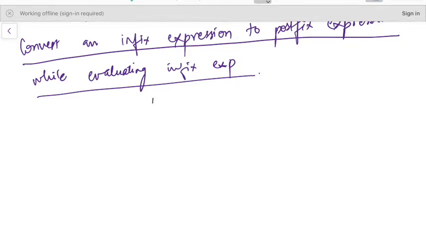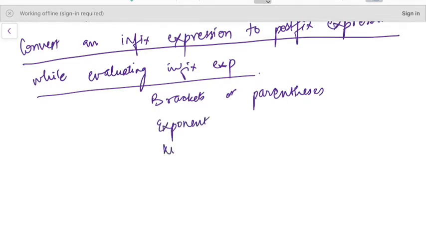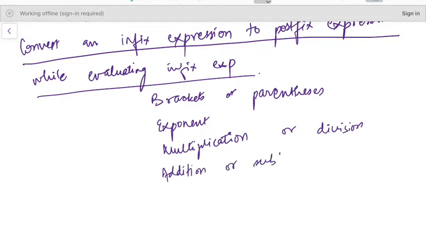So evaluation order is brackets or parenthesis, and then exponent, and then multiplication or division, and then addition or subtraction.